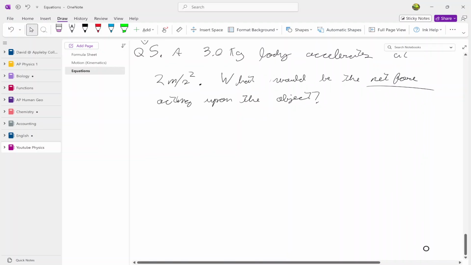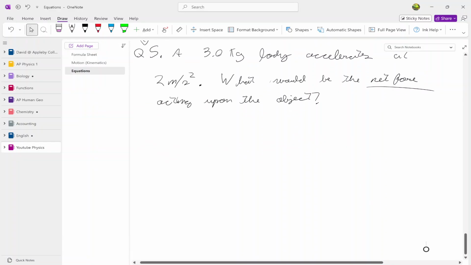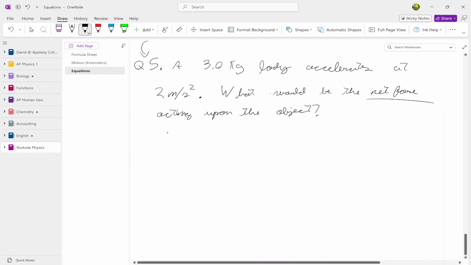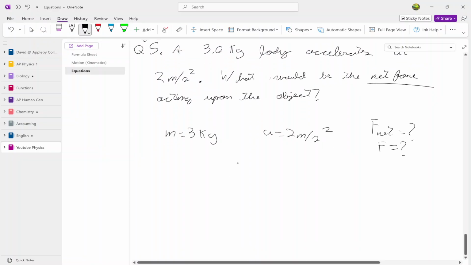So let's do this question. We have a mass of 3 kg, then an acceleration of 2 meters per second squared, and it's asking for the F net, or just the force in general. So let's use the equation F equals ma.